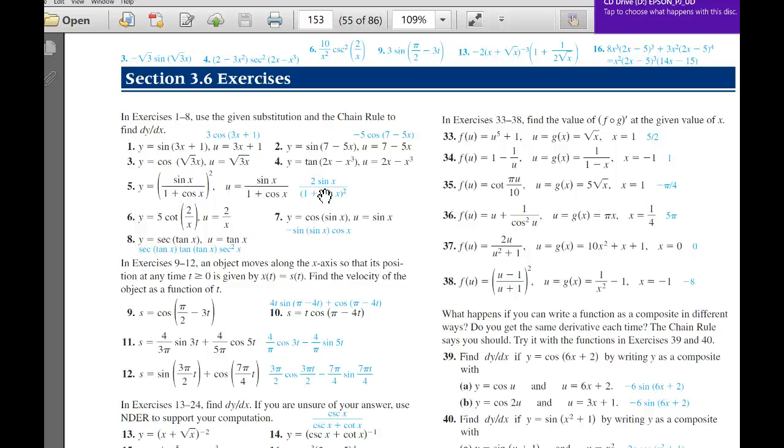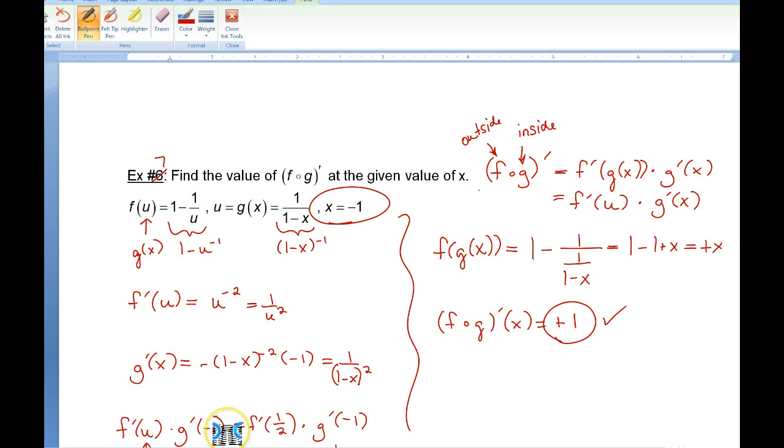Because if you plug in the x first, then it becomes -1 again. In this case, you don't want to plug in the x, because you want to have x in your answer and then do the derivative.